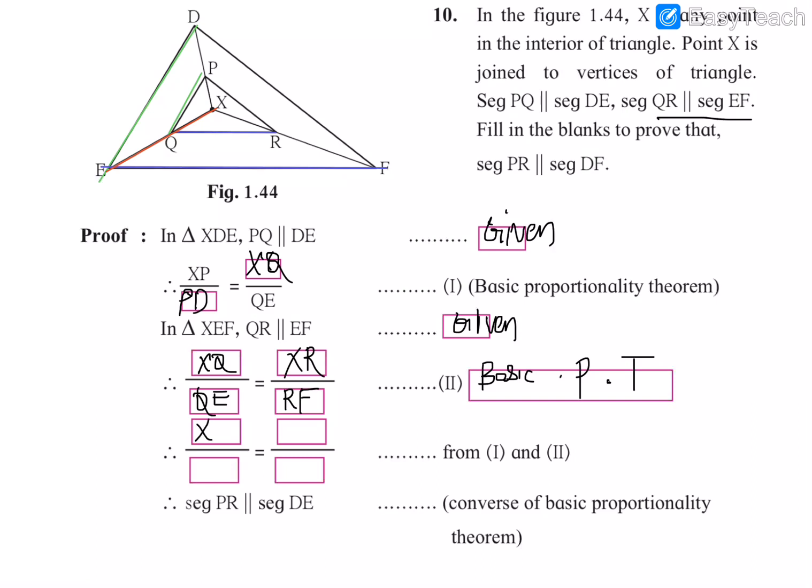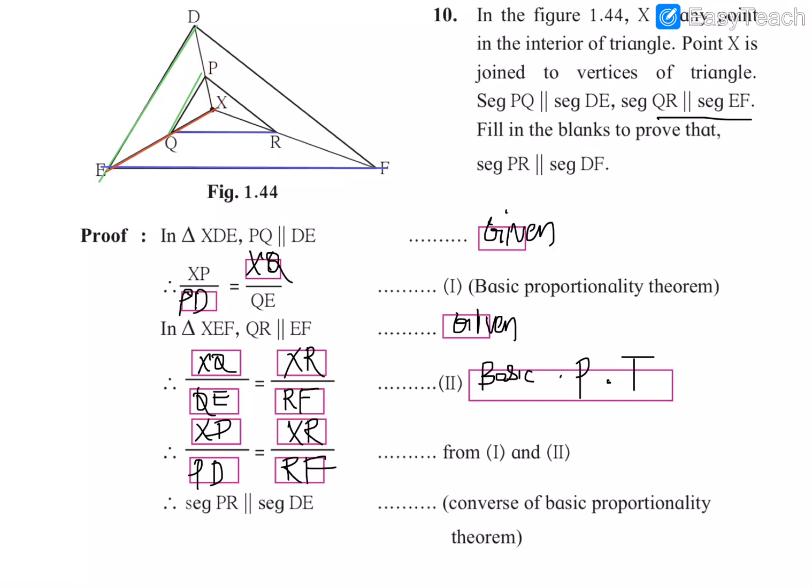So from 1 and 2, XP by PD is equal to XR by RF.